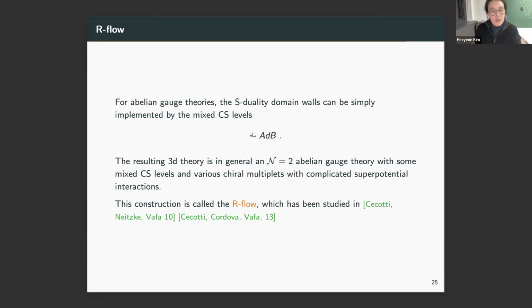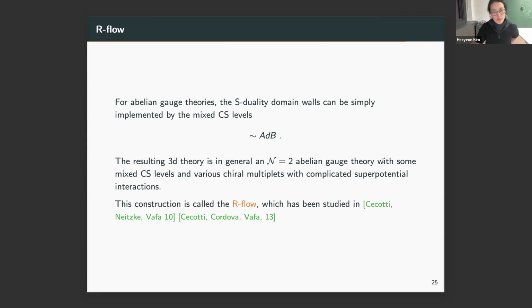And if you summarize everything, the resulting 3D gauge theory is in general in the form of some N=2 abelian gauge theory with some complicated mixed Chern-Simons levels and various chiral multiplets.